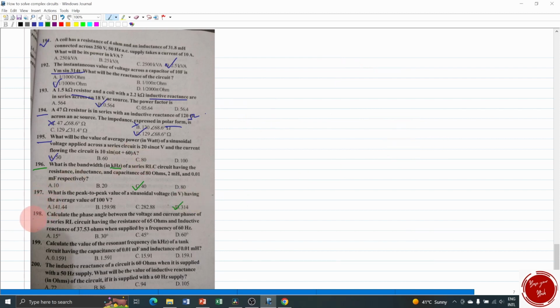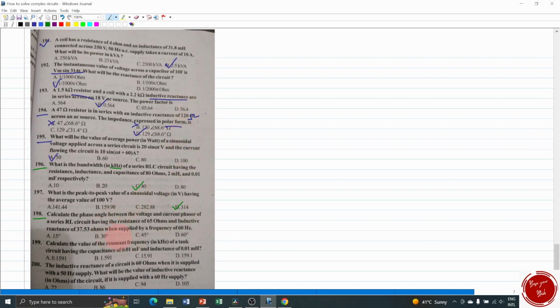Question number 198. Calculate the phase angle between the voltage and the current phasor of a series RL circuit having the resistance 65 ohms and inductive reactance 37.53 ohms and supplied by a frequency of 60 Hz. A similar question was discussed in the last set of 5 questions in the last video.